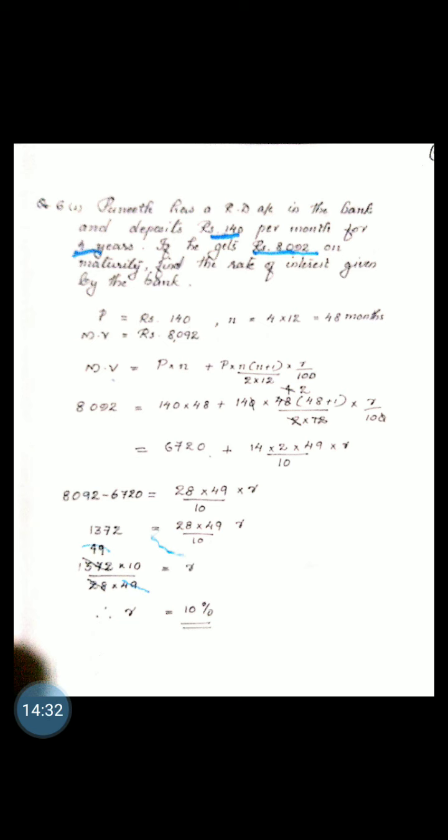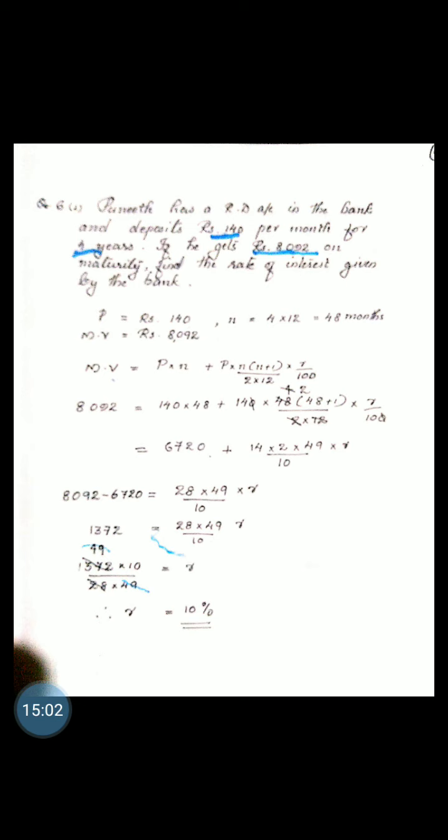In this question, we want to find the rate of interest. So, what is to be found out here? Here, we want to find the rate of interest, so R. Here also, the maturity value is given, P is given, and the number of months or number of years is given.